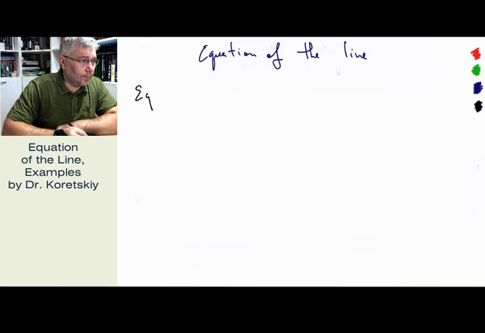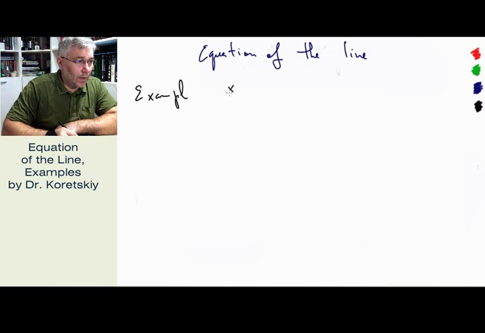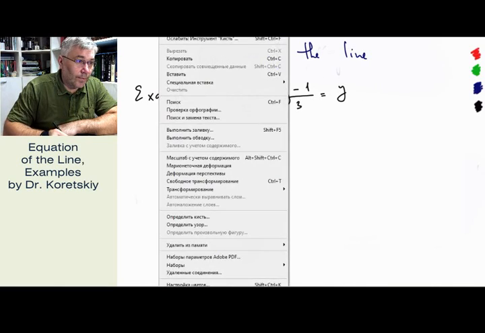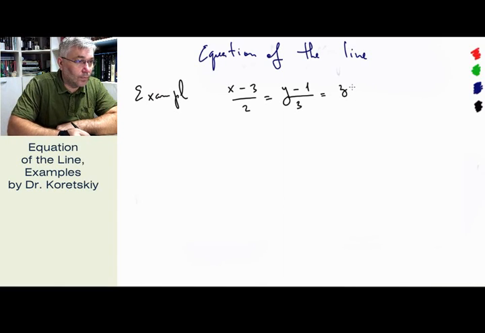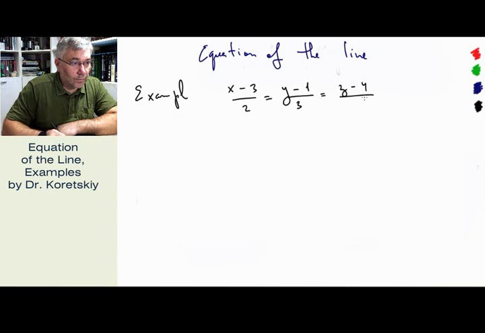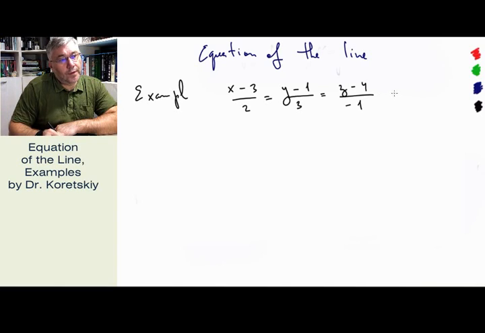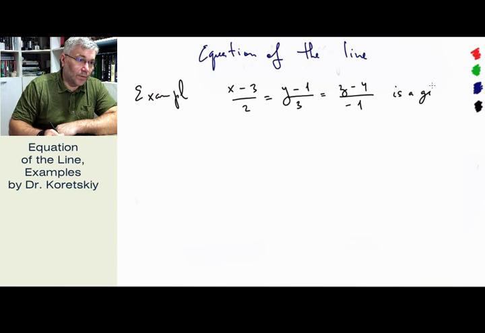Also one example. So I have the following one: the canonical view of the line, for example minus 1, the canonical view of the line is a given line.